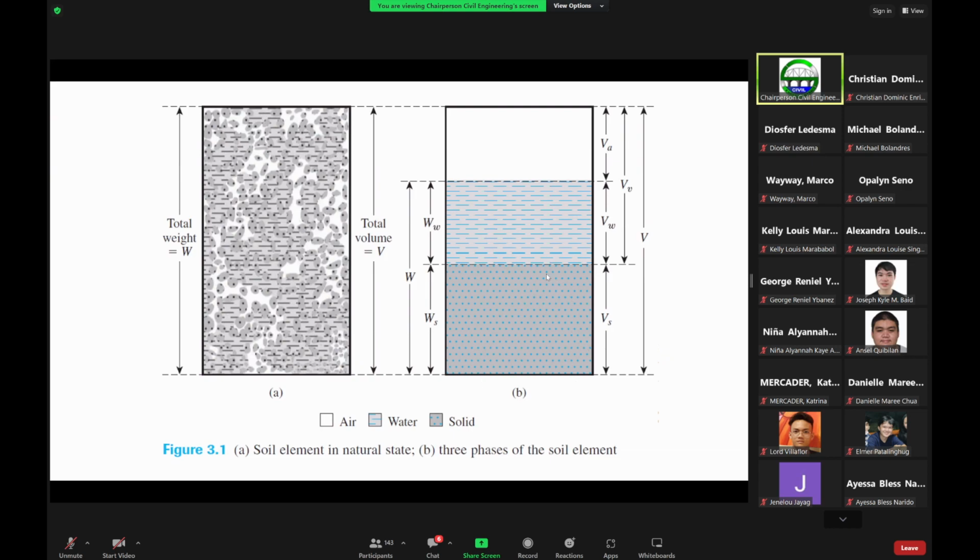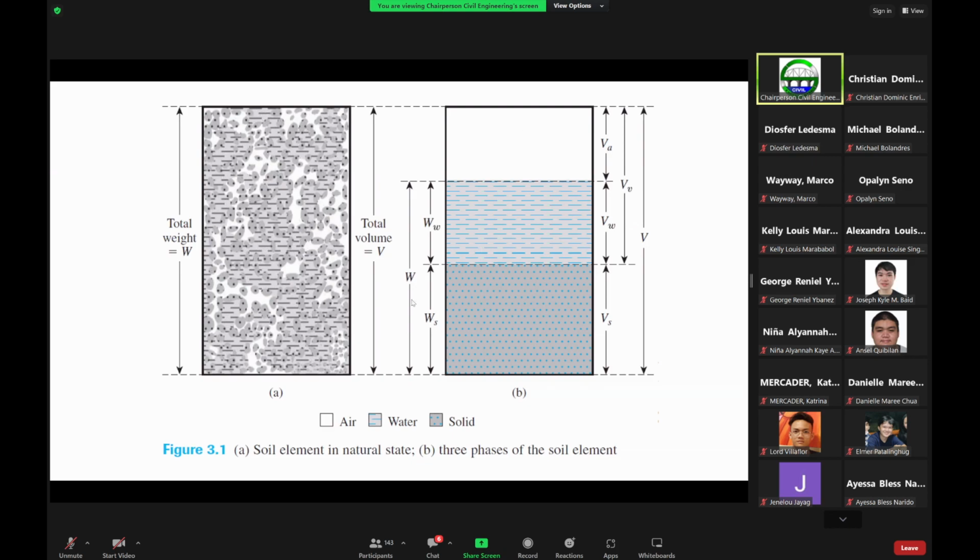If you can see my cursor, this part here is now your solid part. We just lump all the solid materials here, then we also lump all the water, and then the remaining area is the air.